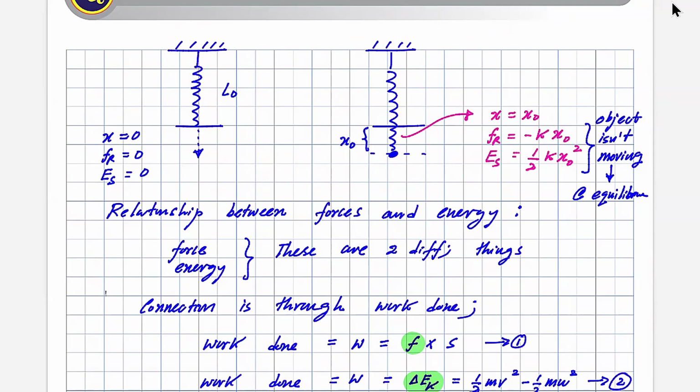So now we are going to disturb the system. What do you mean by disturb? You always disturb a person who is at equilibrium. You are going to perturb a calm and quiet guy.